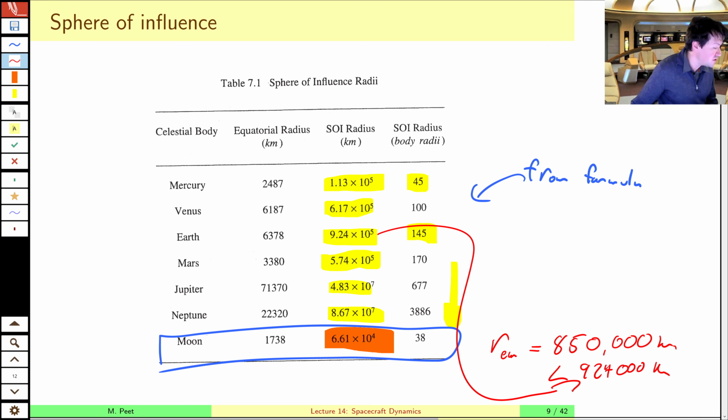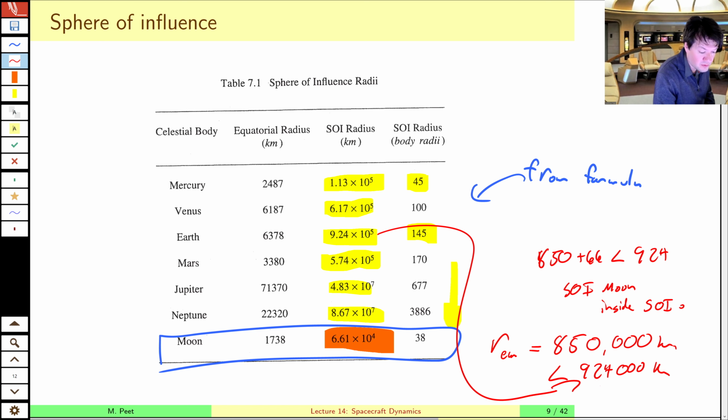So if you add 850 plus 66, that's still less than 924, I believe. And so the sphere of influence of the moon is entirely inside the sphere of influence of the Earth.